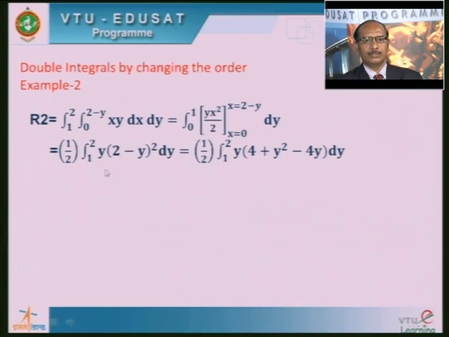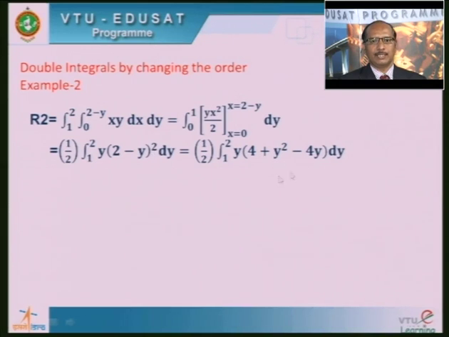When x equal to 0, the lower limit becomes 0 into y, totally 0. So it is simplified to this much only. Then integrating with respect to y, it is a function of y. Before that you can simplify it, then integrate it. So y into, expand this 2 minus y whole square, that is 4 plus y square minus 4y, the expansion of a minus b whole square.